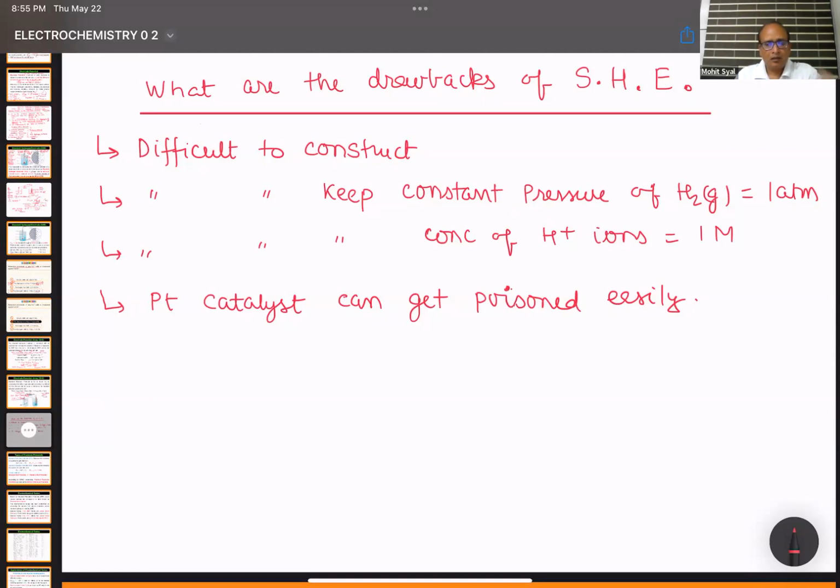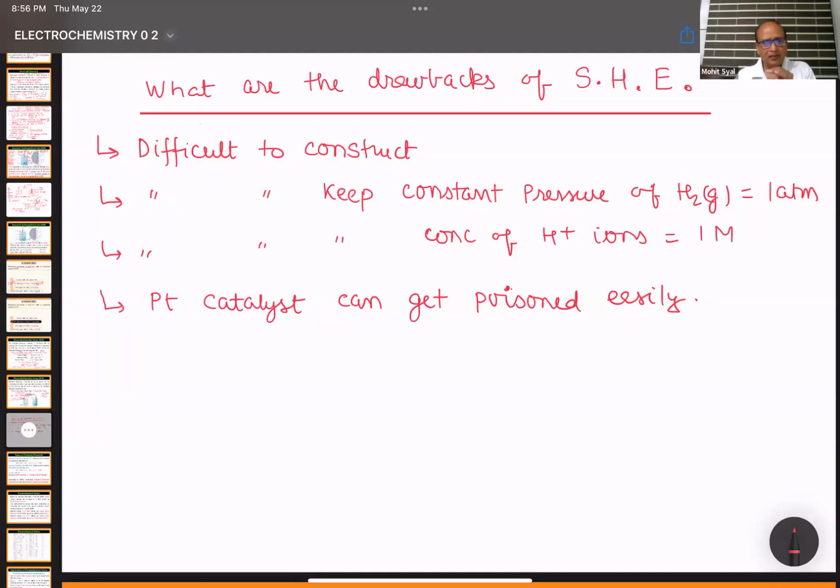So we use HCl just for the hydrogen ions present. Exactly. You use HCl for H plus ions and H2 gas. So H2 gas can lose electrons and get converted to H plus ion. That will happen if the standard hydrogen electrode is losing electrons to someone else, like copper or silver.